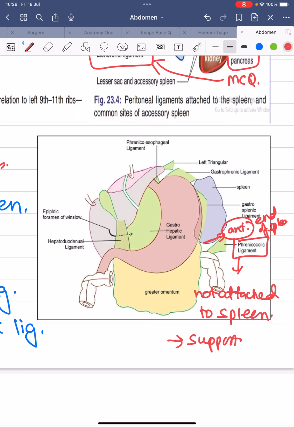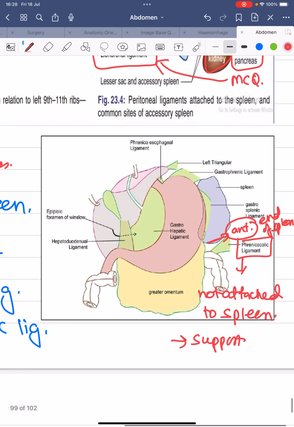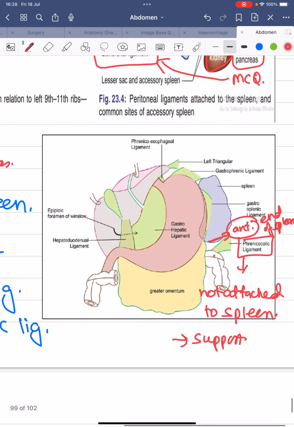It is a horizontal fold of peritoneum extending from the splenic flexure. This is your splenic flexure. This is the greater omentum, the greater curvature of the stomach and spleen. You have this gastrosplenic ligament.